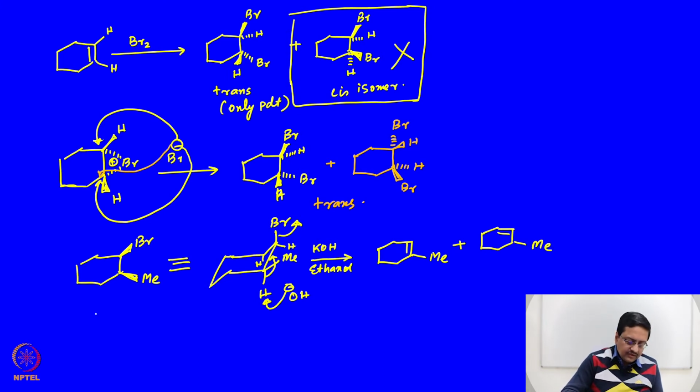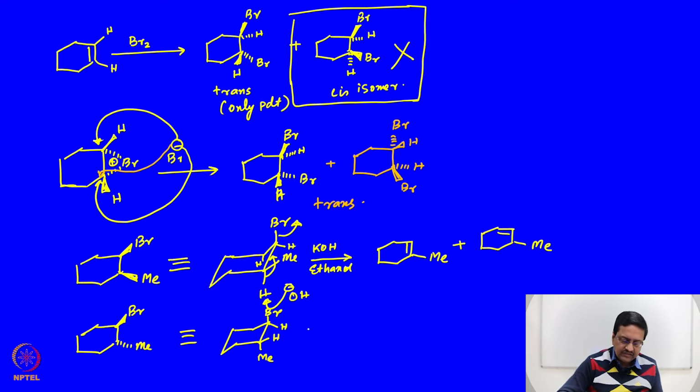But if we had done the reaction with the corresponding trans isomer, and we write down the corresponding chair form of this cyclohexane, the trans isomer will have the methyl in the anti position. So when you do the same reaction with OH minus, there is no hydrogen in the anti-periplanar orientation with respect to the bromine on the first carbon.